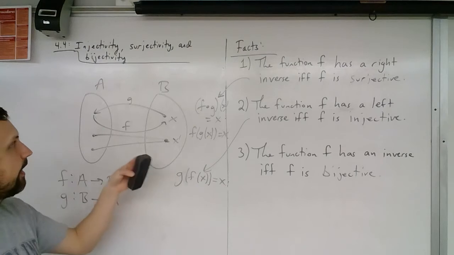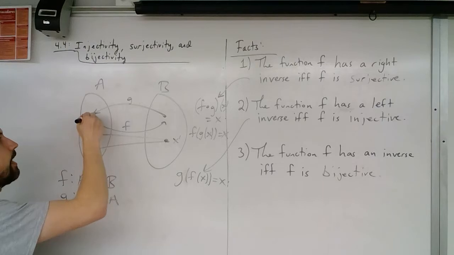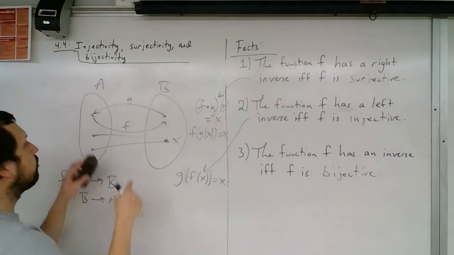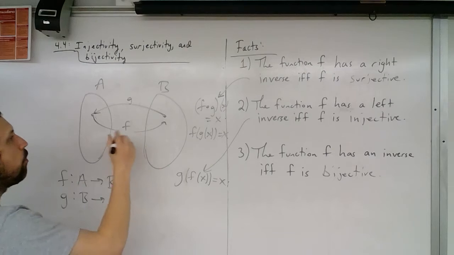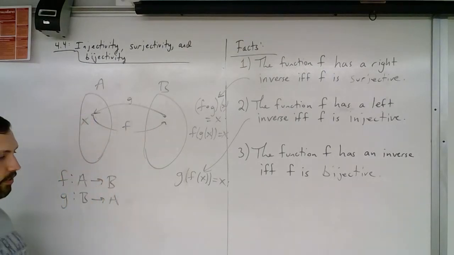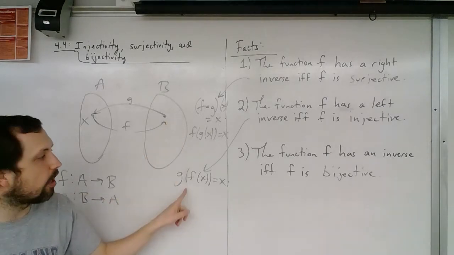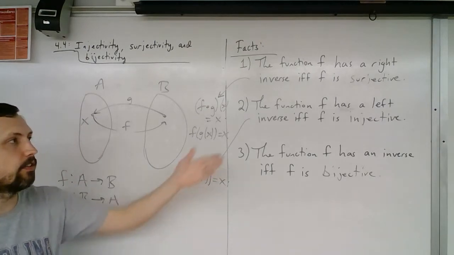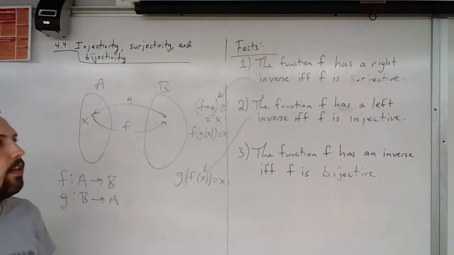And now, instead of starting with an element in the domain of G, we're starting with an element in the domain of F. So we can look at this case here, where I'm going to take this element over here, X, and feed it through the function F first, I end up in B, and then this other function G is going to take that back and hopefully line it up with the same element to have ourselves a left inverse. So again, using a similar thought process, the left inverse is equivalent to something being injective.